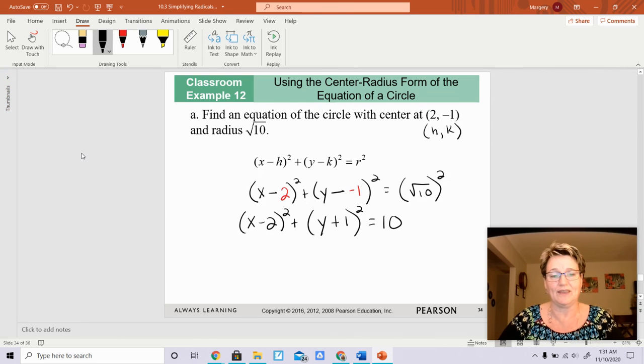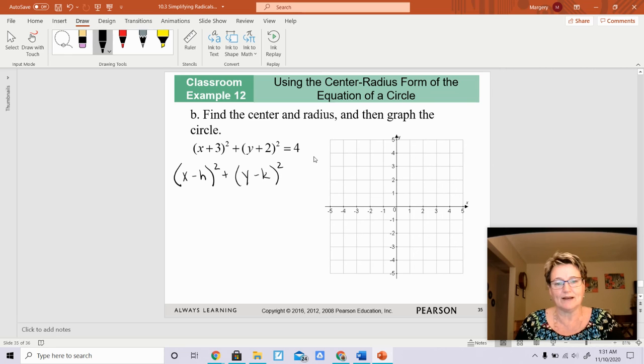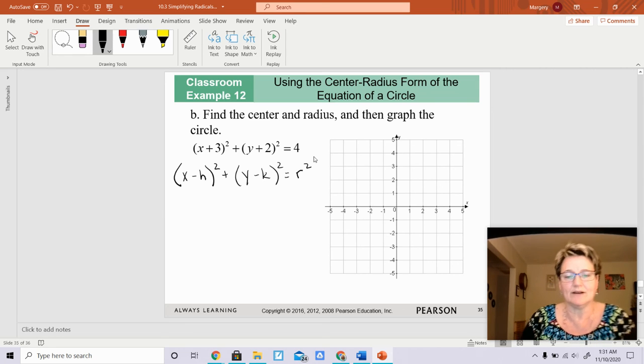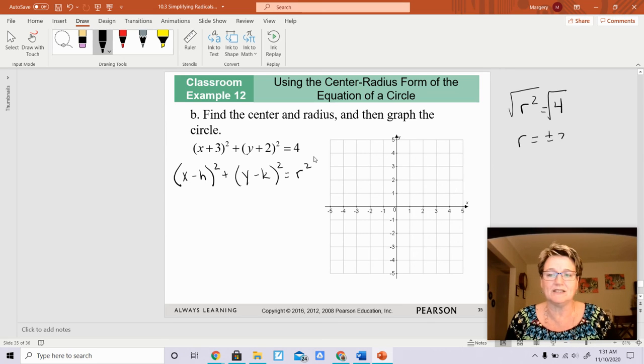And we have a few more things. So here we go. Find the center and radius and then graph the circle. First of all, remember my formula is (x minus h) squared plus (y minus k) squared equals radius squared. My radius squared is 4. So when I square root both sides, r equals plus or minus 2. We don't care about the negative because we're talking about distance, so r is going to be 2.